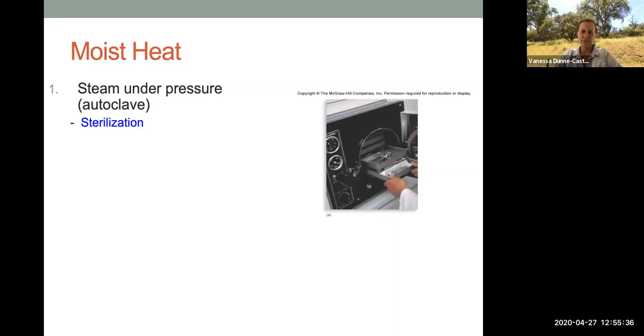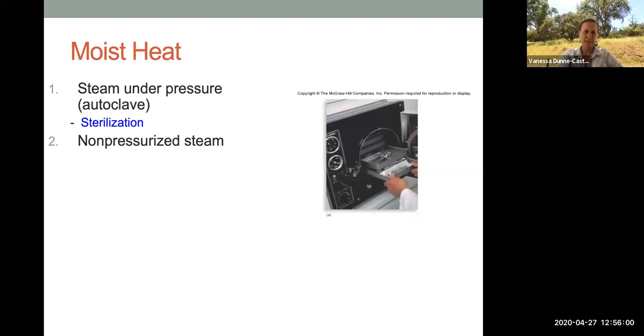And this raises the temperature, but it increases the pressure. And if you remember your chemistry, maybe that would be physics class, you can attain a higher temperature with increased pressure. So it brings things to a very, very high temperature without actually destroying the object. And because of that high temperature, this is definitely sterilization. Nothing can survive an autoclave except for prion.